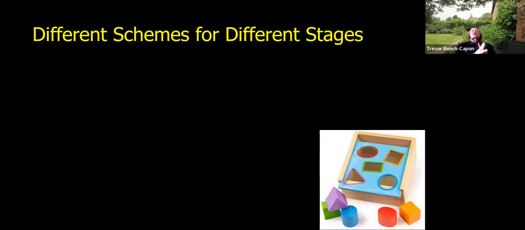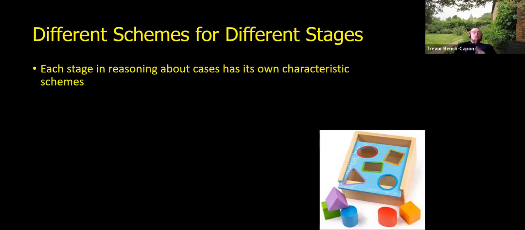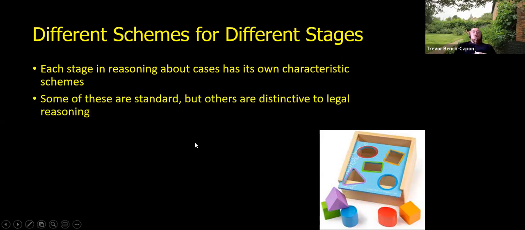Now, for each of the four stages identified, we need different things. Each stage has its own characteristic set of schemes. Some of these are standard and found in the general literature, but others, particularly from facts to factors and from factors to issues, are distinctive to legal reasoning.